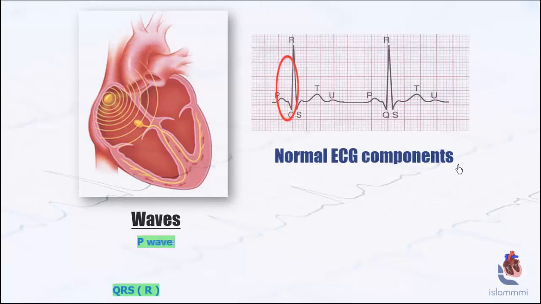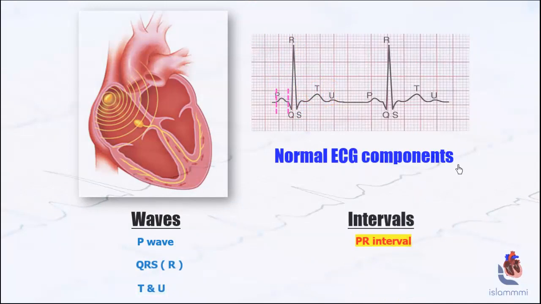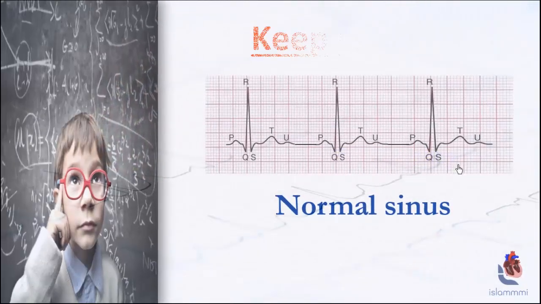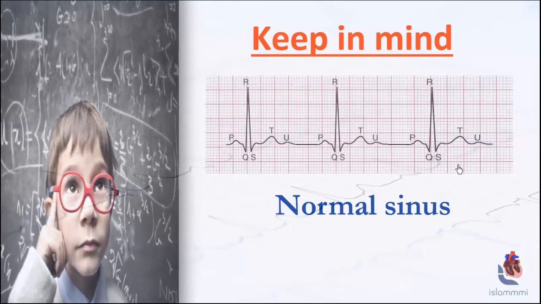We have two intervals, the PR interval and another one called the RR interval, and we're going to use this in case we would like to know if the heart is regular or irregular. So we have to measure this interval, which is called the RR interval. Now you know the ECG, and please always keep this in mind, because for any abnormal ECG, we will show the normal ECG in order to compare. You got that?